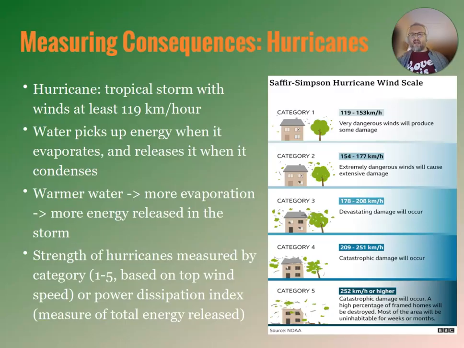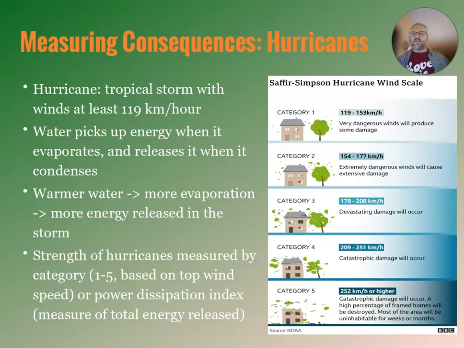So the strength of a hurricane, we can just talk about the wind speed, but we can also, for simplicity's sake, divide it into categories. And that's what you'll often hear if you're listening to the weather report. They're talking about an approaching hurricane. They talk about which category it is, which category it might be expected to increase or decrease to over the next few days or something like that.